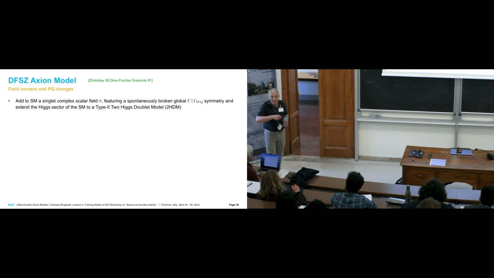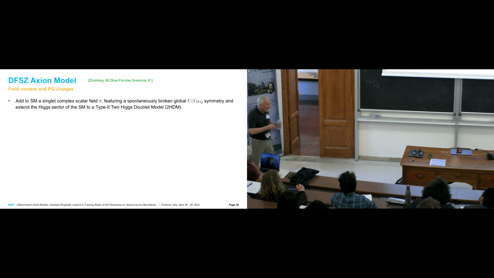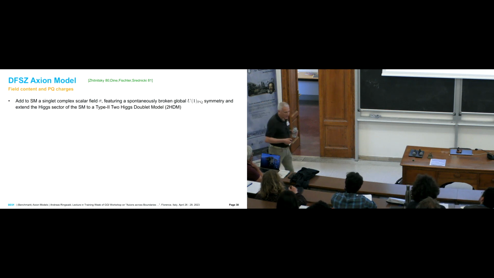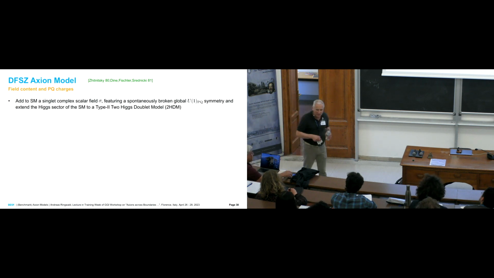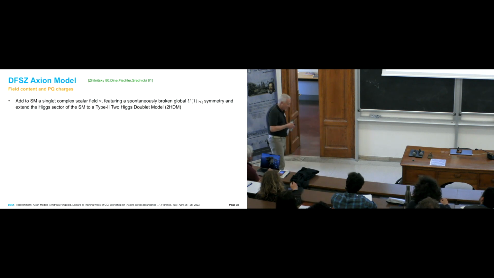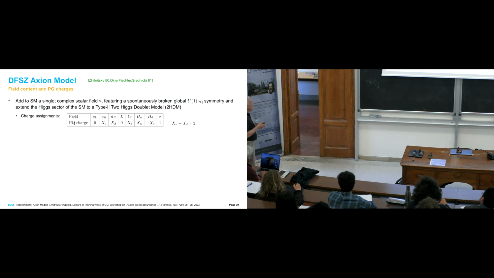You can also extend it by a type 4 two-Higgs-doublet model, then you get the so-called DFSZ2, but there you can always do variants a little bit. The type 2 is very elegant, because you get it often also from grand unified theories, and it's in the minimal supersymmetric standard model and so on. Type 2 is more common, so to say.